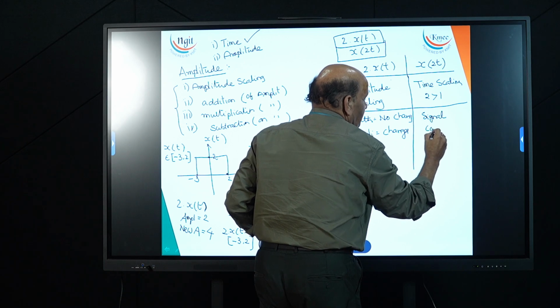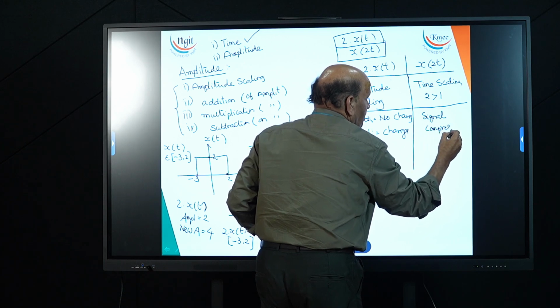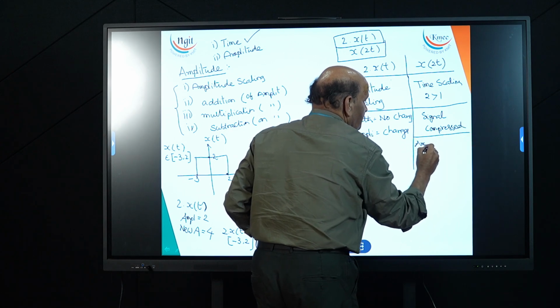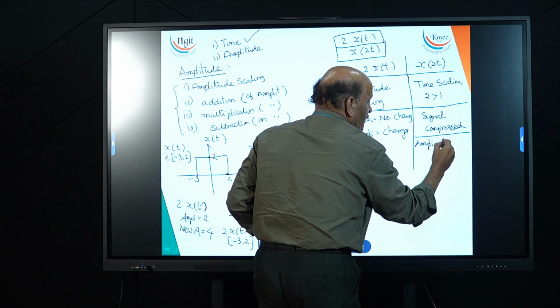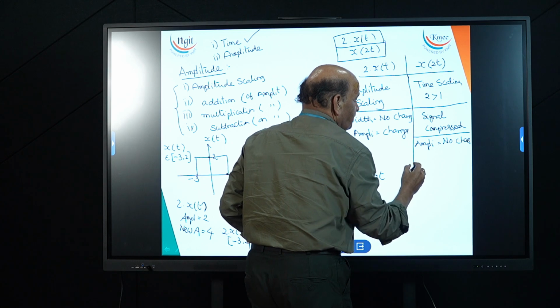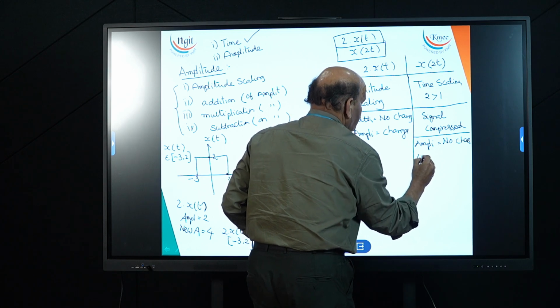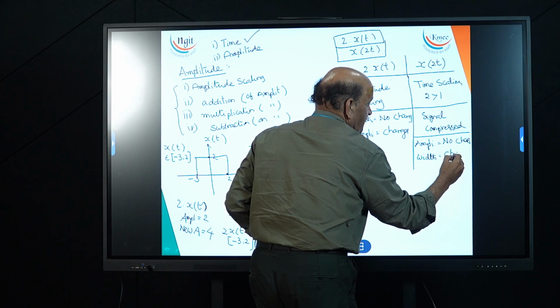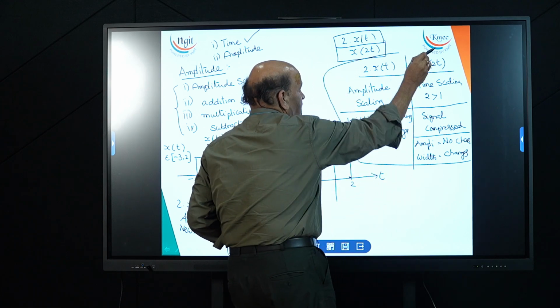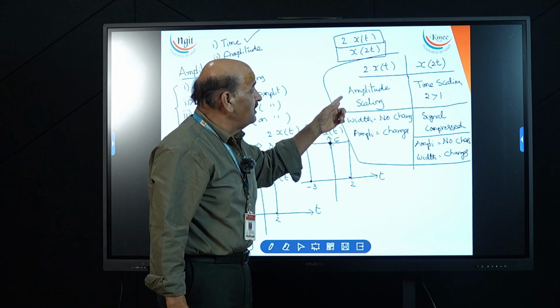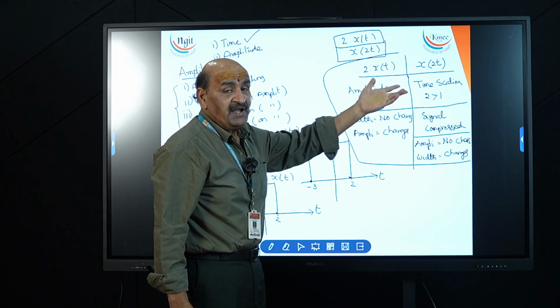Here, look at the amplitude, no change. Now the width changes. Very important concept. Very, very important. Once you come to know this, then only you can understand all the topics in the next applications of signals.